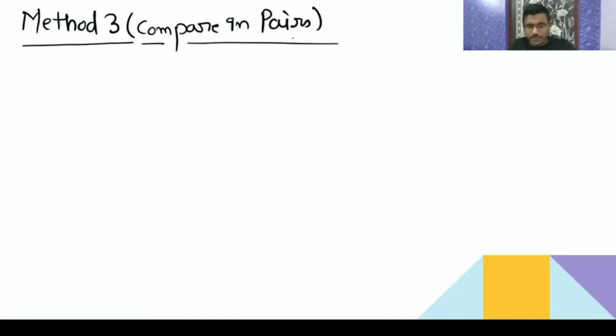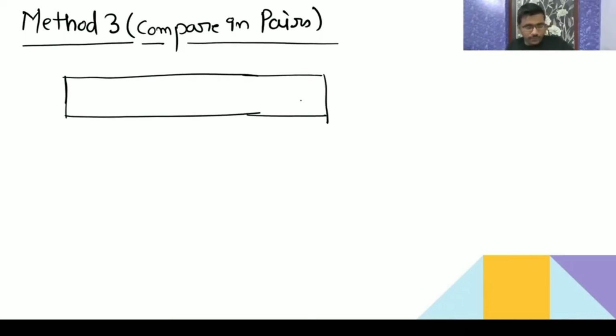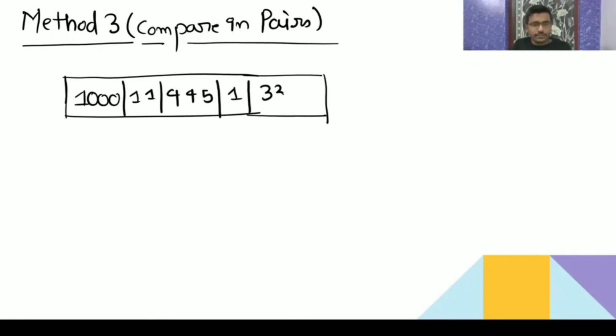What that method means: if I give you an array, let us take the previous array that I gave you, containing 1000, then 11, then 445, then 1, then 330, then 3000. The index is from 0 to 5.